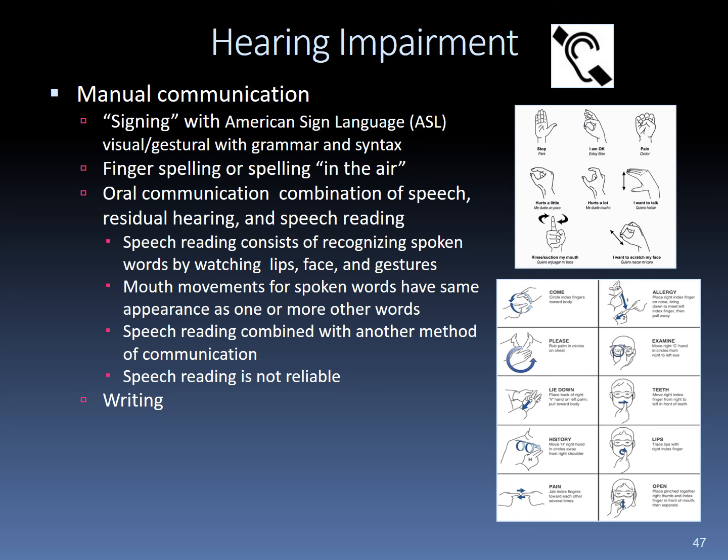Speech reading consists of recognizing spoken words by watching lips, face, and gestures. Mouth movements for spoken words do have a similar appearance to one or more other words, and this can cause confusion for patients. Speech reading combined with another method of communication is best, as speech reading is not reliable. You may consider writing as an alternative.